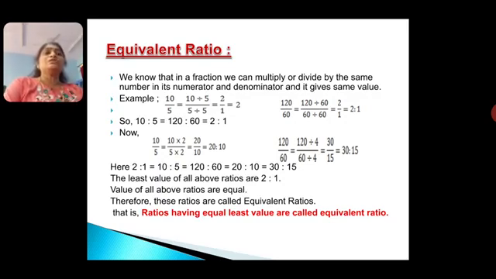That means 30 ratio 15. Here 2 ratio 1 equals 10 ratio 5 equals 120 ratio 60 equals 20 ratio 10 equals 30 ratio 15. That means the least value of all those ratios is 2 ratio 1. The values of all the above ratios are equal. Therefore, these ratios are called equivalent ratios. That is, ratios having equal least values are called equivalent ratios.